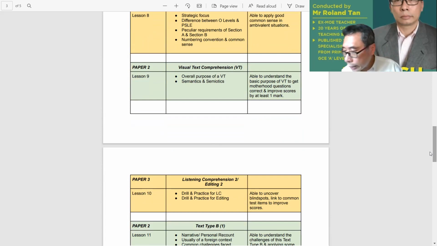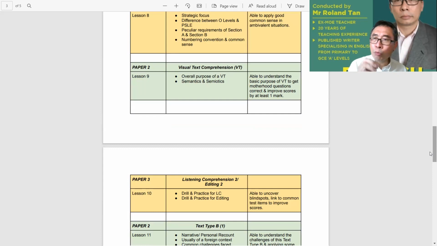Once you understand the purpose of a VT, then it is half the battle won, because every visual text, be it a banner, a poster, a flyer, a brochure, has the same inherent purpose. I would also be covering semantics, which is about words, and semiotics, which is about imageries.